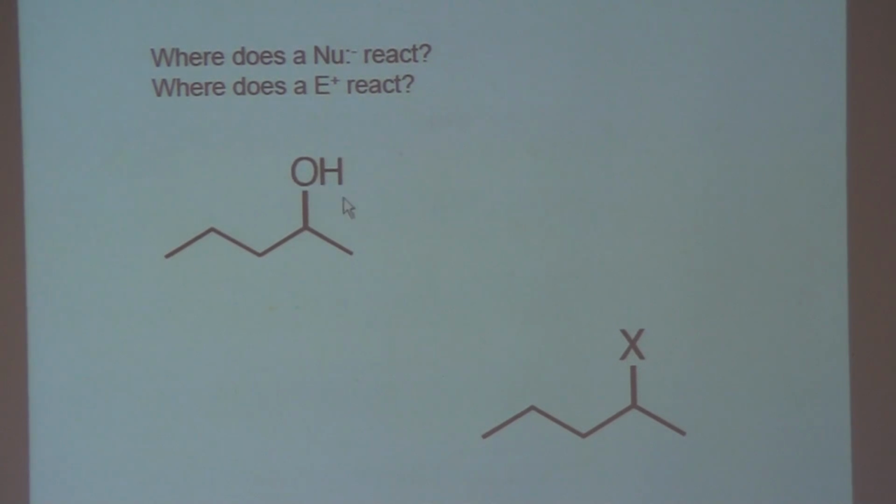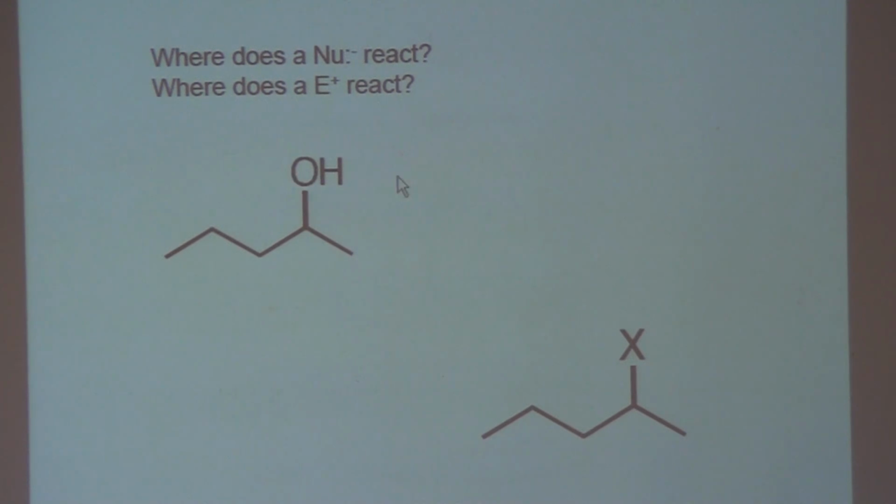Actually, the electrophile reacts with the lone pair on the oxygen. And usually the electrophile which reacts at the lone pair on the oxygen is a proton, like an acid. Like you were saying, we got to make this OH into a better leaving group first before we can get a substitution or elimination reaction.